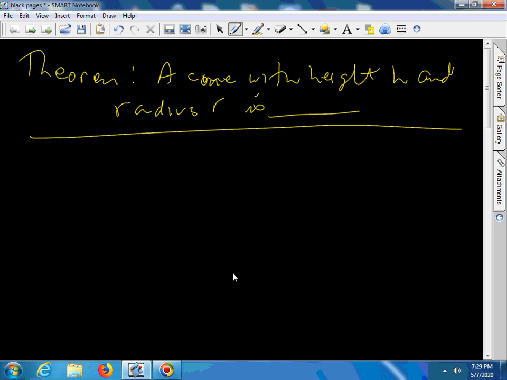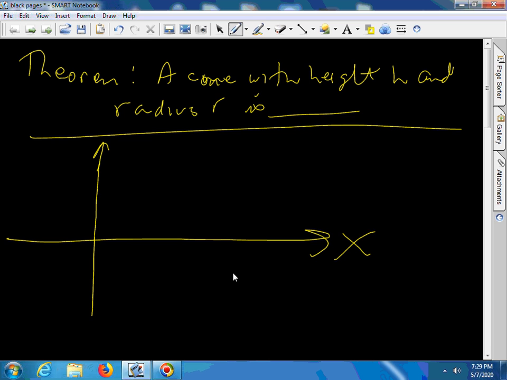Now, how do you get a cone of radius r and height h? The answer is you rotate.